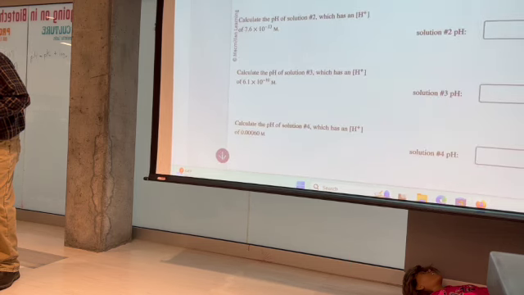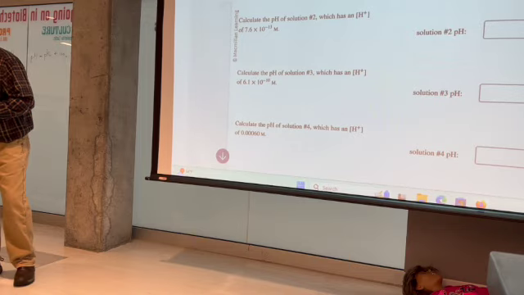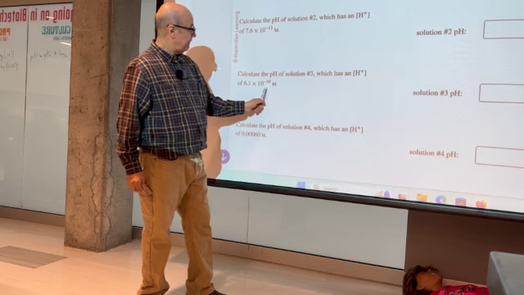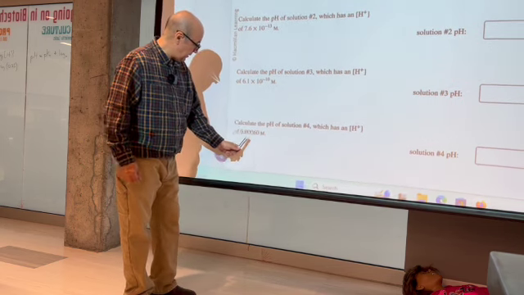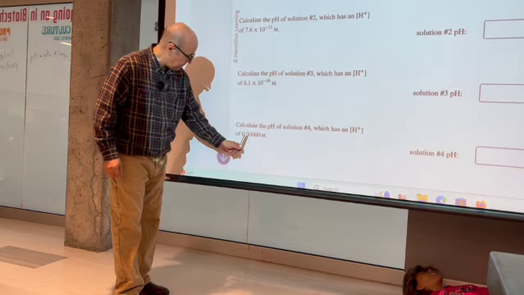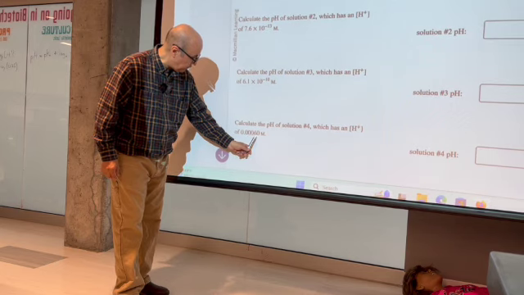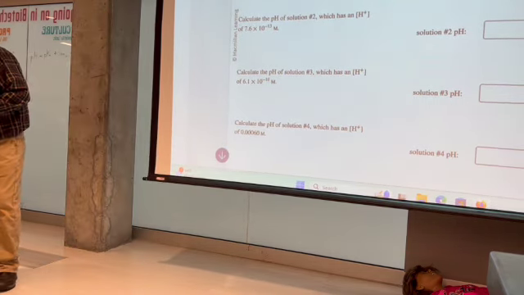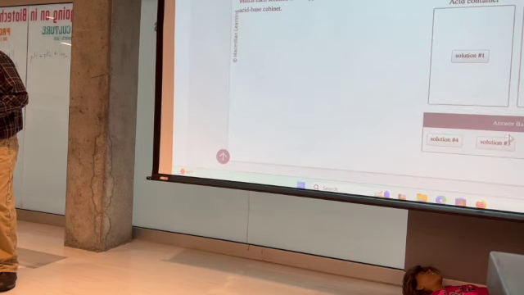Let's look at solution 3. This one is also basic. And this one is going to be 1, 2, 3, 4, negative 4. So it's going to be acidic. Okay? So solution 3 basic.